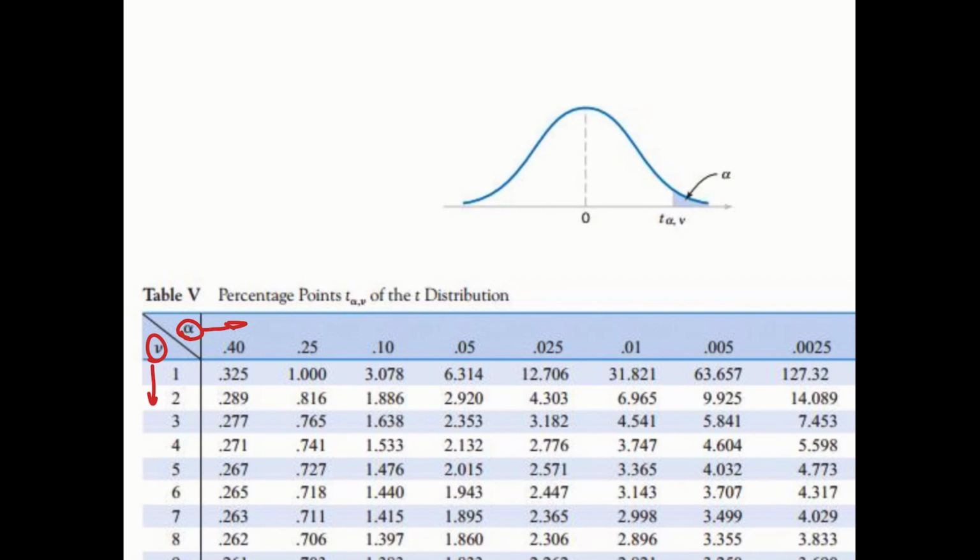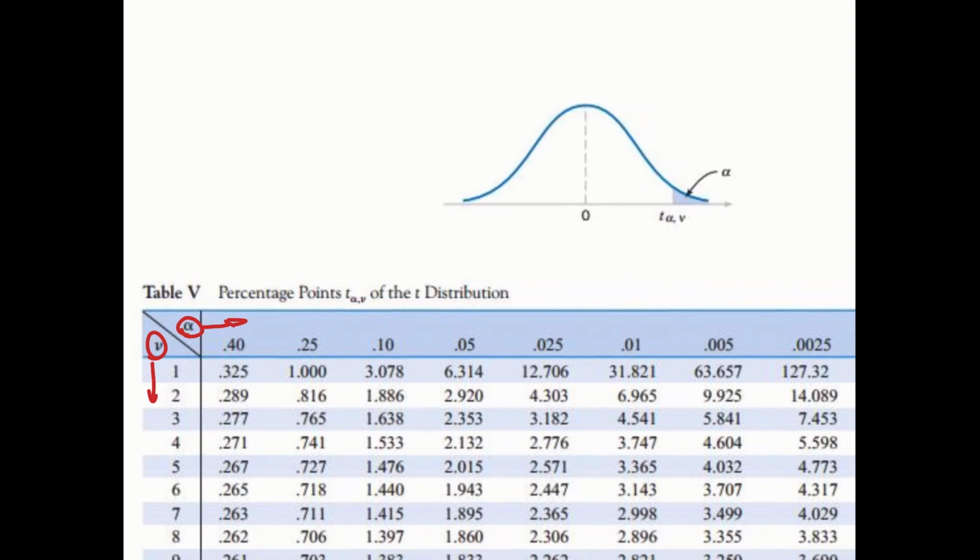In the z-table, the probabilities were within the table. But here, the probability is on the first row. And alpha is, as you can see in the graph here, this area under the curve. And it's the area to the right of the random variable.